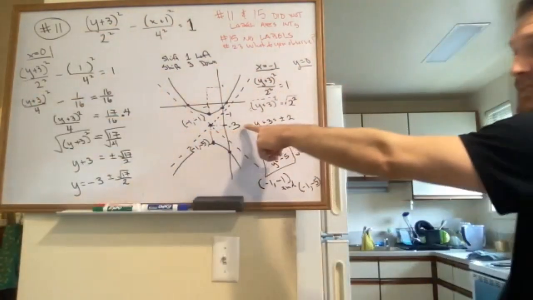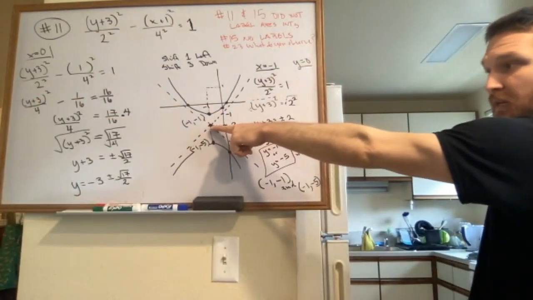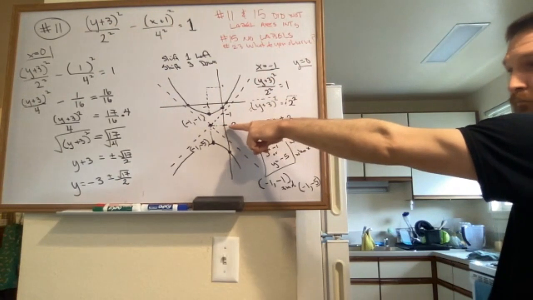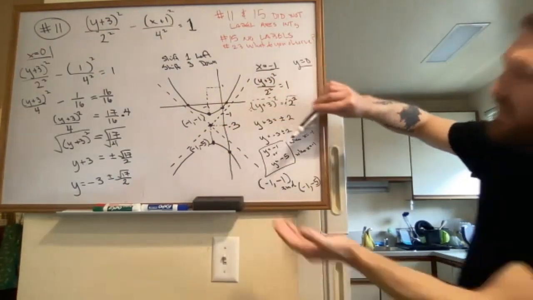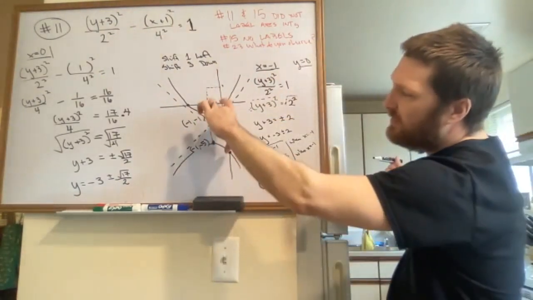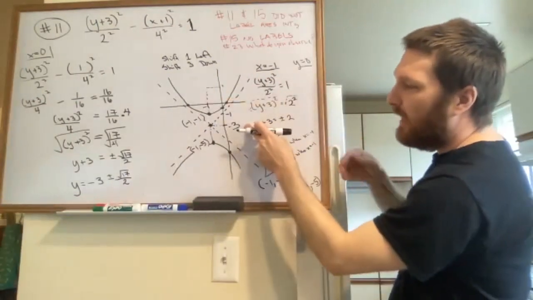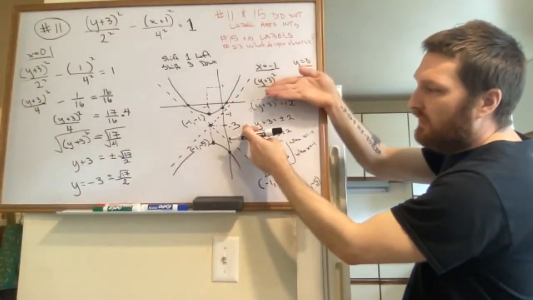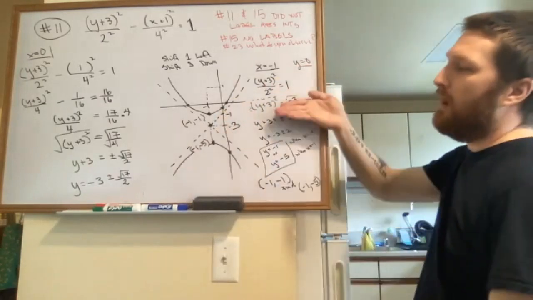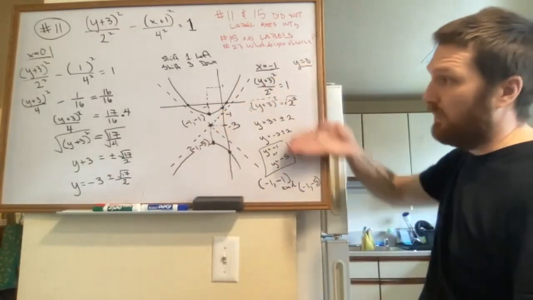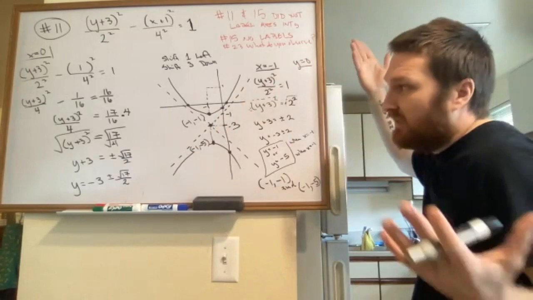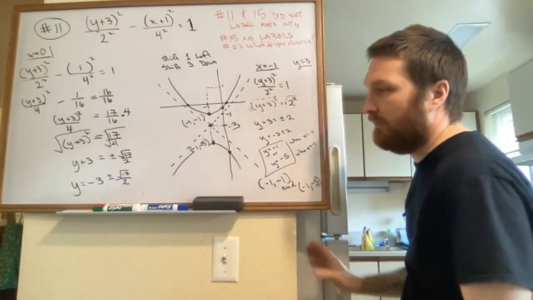That should end up down here. Those crosshairs should end up at -3. Now it's kind of nice to see that these y-intercepts occur at -3 plus some amount, -3 minus some amount. And so that's cool. That should be the case. Everything should be nice and symmetric like that.